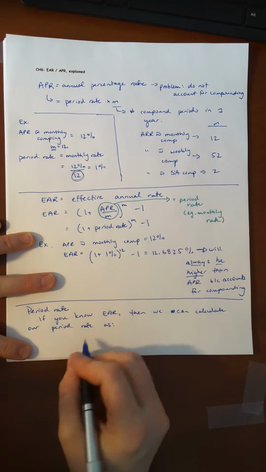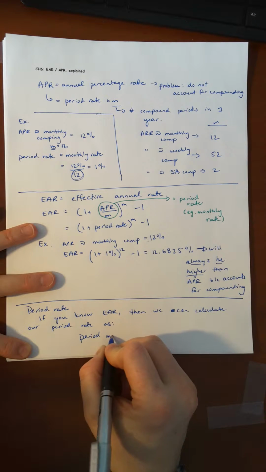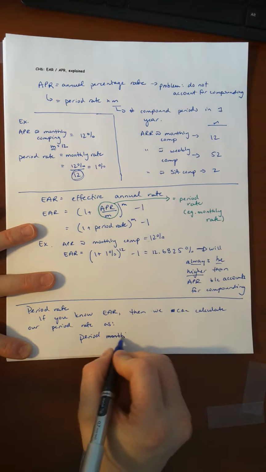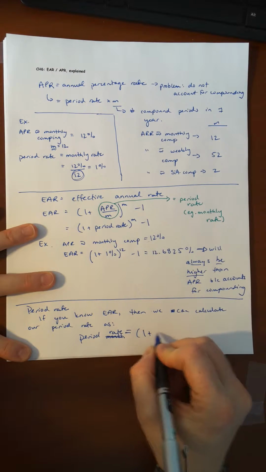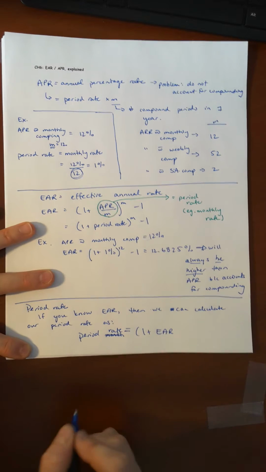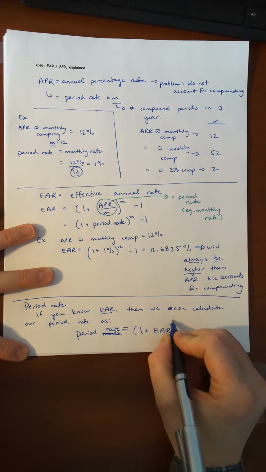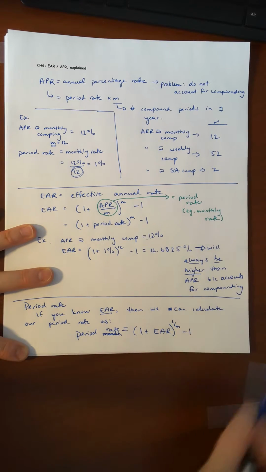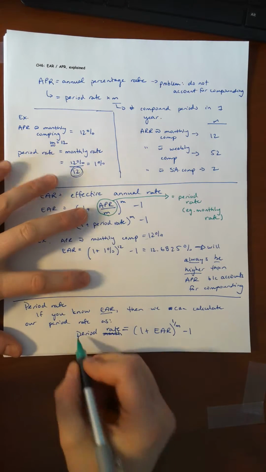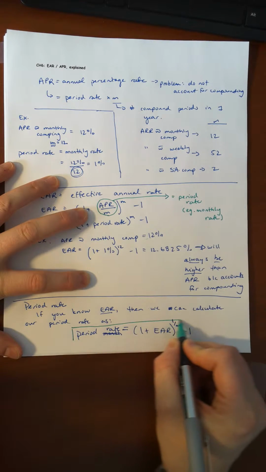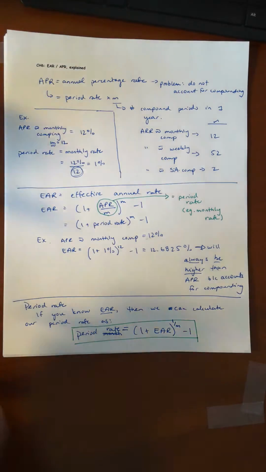The period rate, whether that be a monthly rate, a weekly rate, whatever, is going to be equal to 1 plus the EAR to the power 1 over m, minus 1. This becomes an extremely useful formula for us if we want to take an EAR and move it into a different rate.